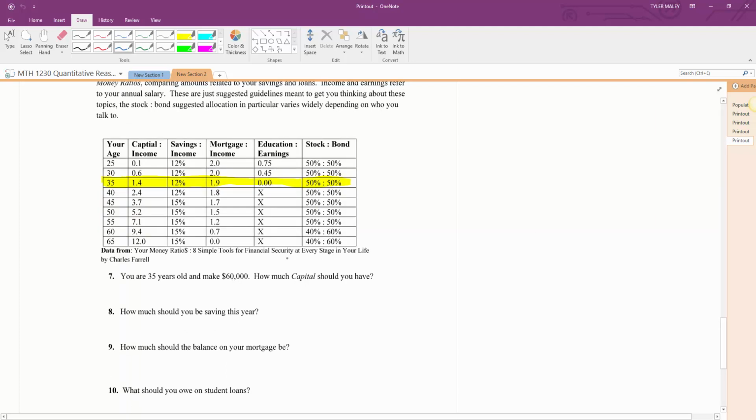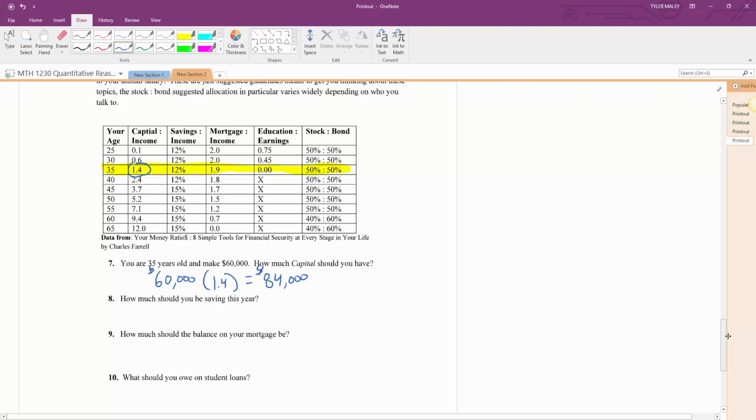How much capital should you have? So we want to use this column, capital to income, right? This 1.4 value. So to calculate that, we can take $60,000 and multiply times the 1.4, right? And this will give us $84,000. Right? So if we made $60,000 and we were 35 years of age, it's recommended that we have $84,000 in capital.